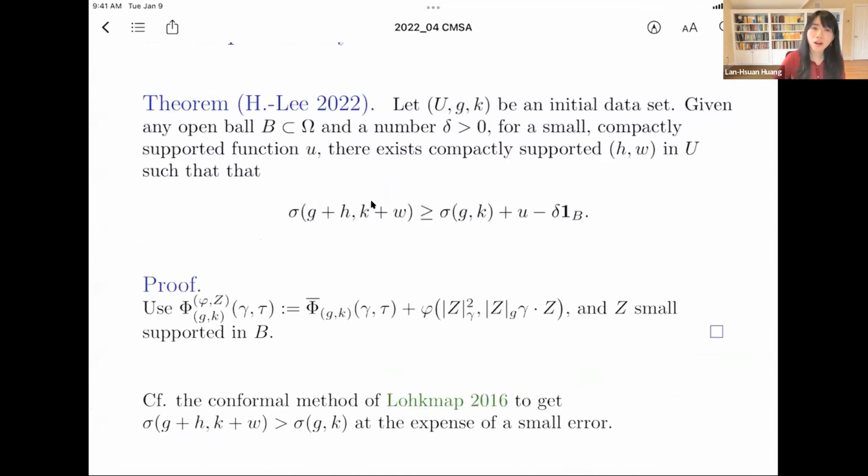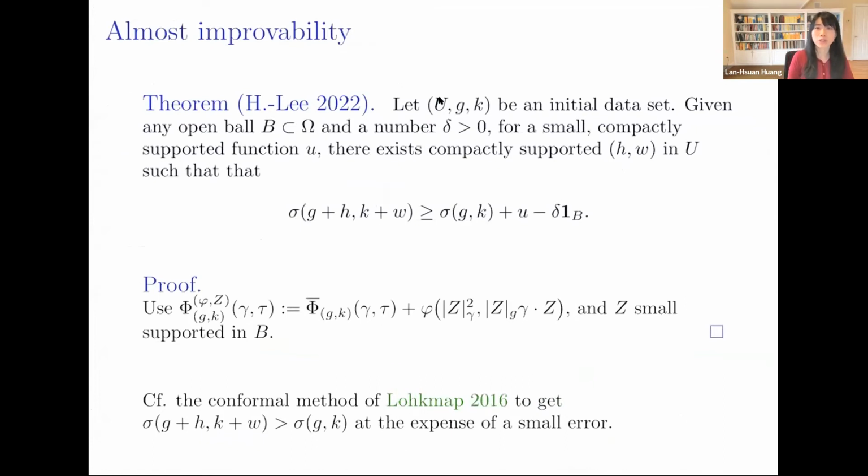But similar arguments also allow us to show that for general initial data sets, any initial data set is almost improvable. I will go back to the statement here, but it says we can always bump up the dominant energy scalar by some prescribed small amount at the expense of some error term delta, which can be arbitrarily small, over the region B, which can be any region you decide.